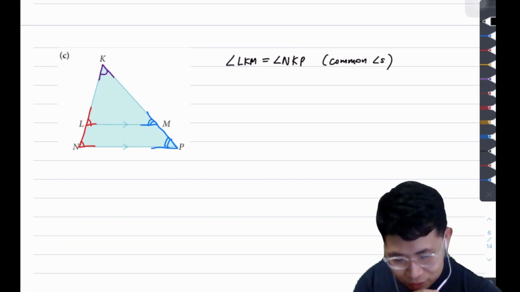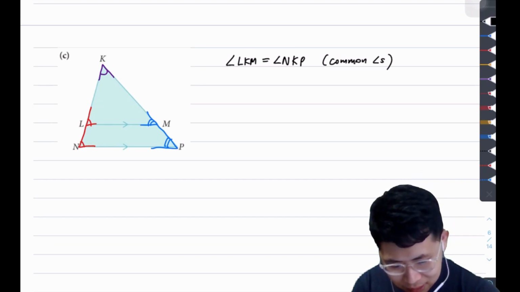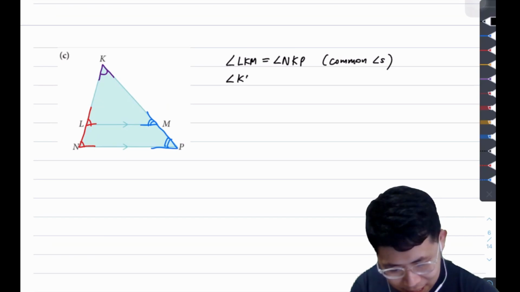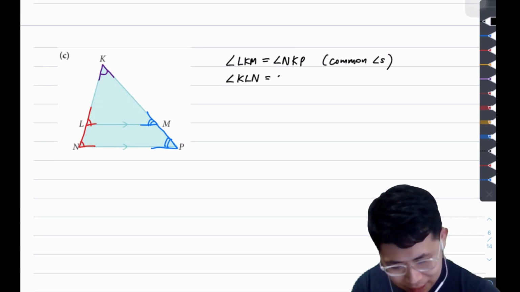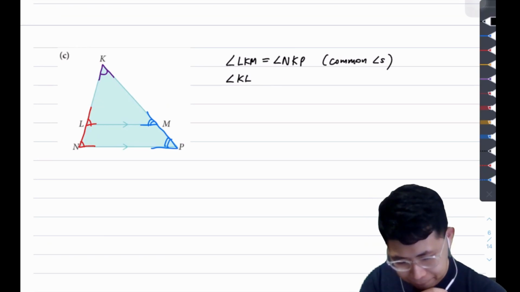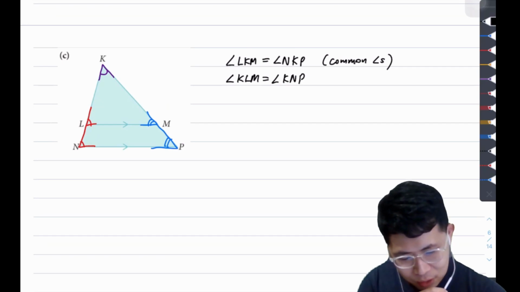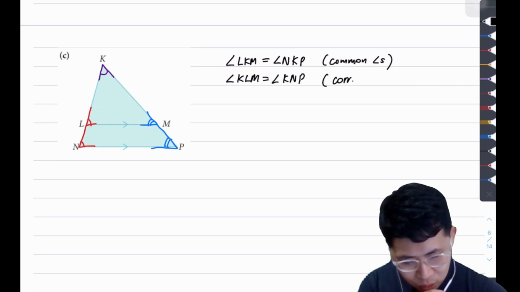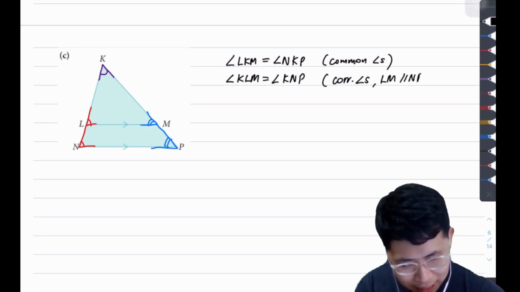Now the second pair of corresponding angles are angle KLM and angle KNP. So this is due to corresponding angles, and the two parallel sides are LM parallel to NP.